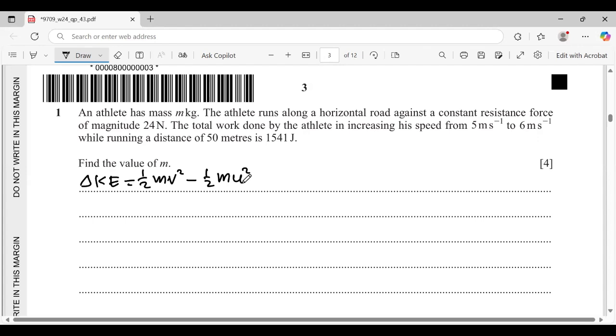The initial velocity is 5 and the final velocity is 6, because his speed is increasing from 5 to 6.